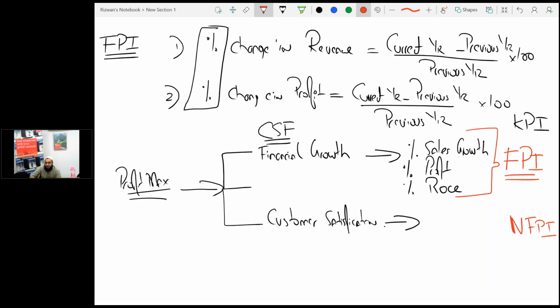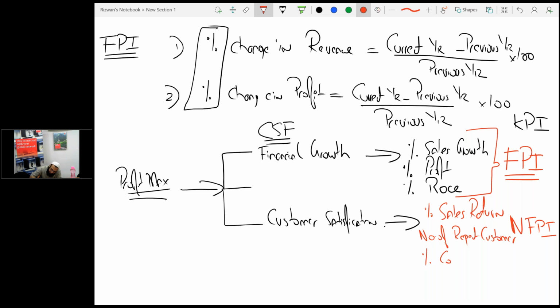So what NFPIs will be important to measure customer satisfaction? That is percentage sales return. This is an NFPI. Number of repeat customers. This is also an NFPI.